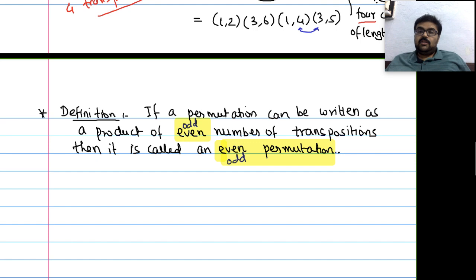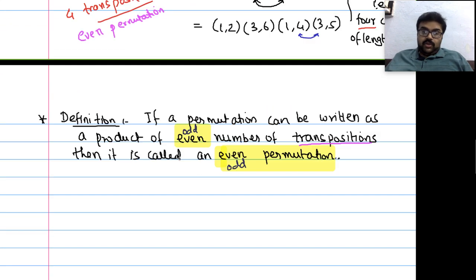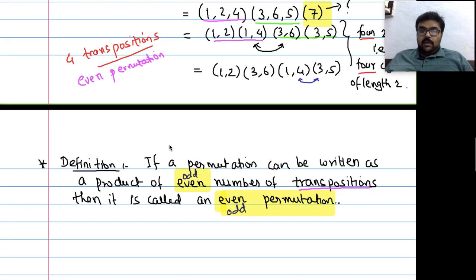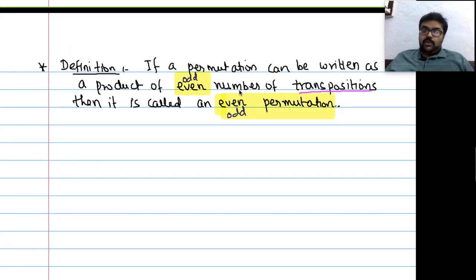If it can be written as a product of an odd number of transpositions, then it is called an odd permutation. In the above example we have considered, this is an even permutation. Why? Because there are an even number of 2-cycles, even number of transpositions, 4 of them. So it is an even permutation.